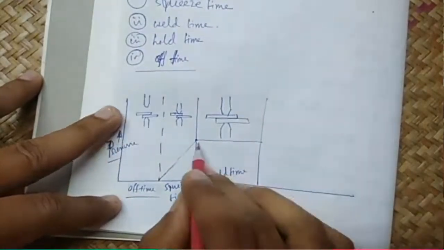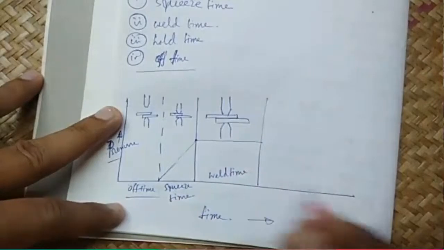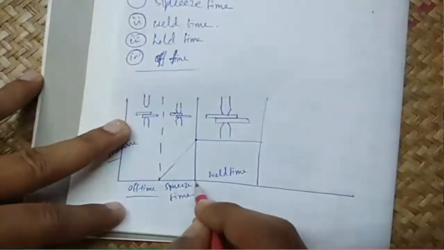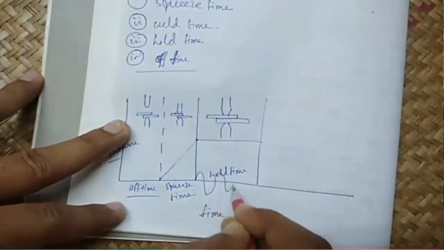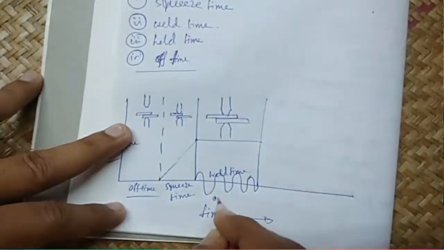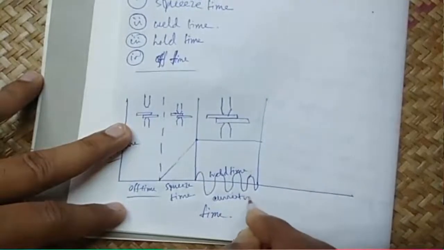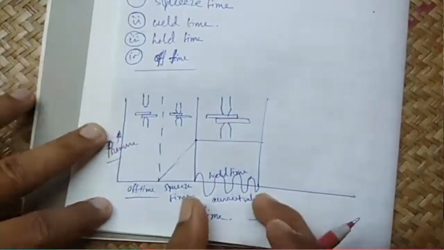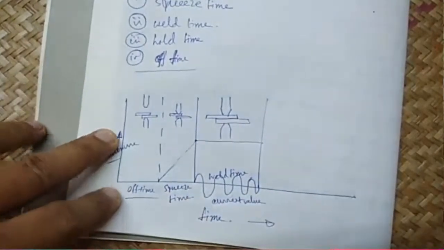Pressure is fixed and current passes. So if I show the current here, the current will look like this. So this is the current value. Current is applied only during this time.